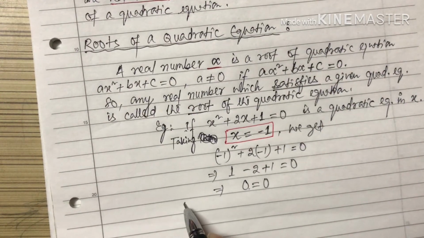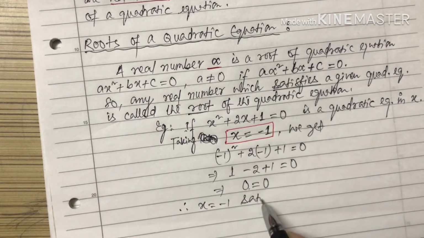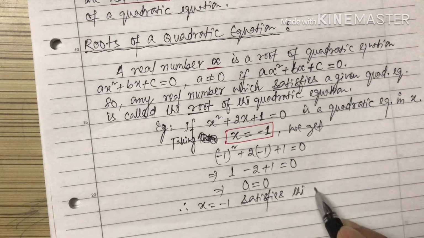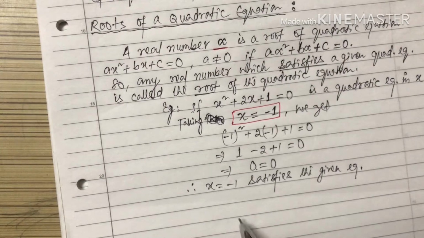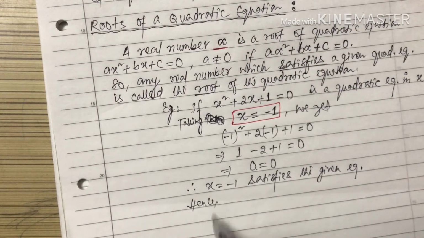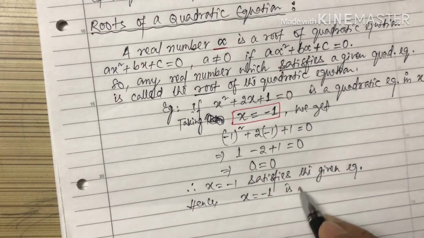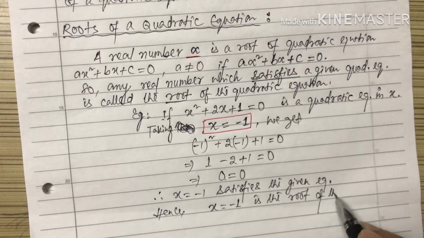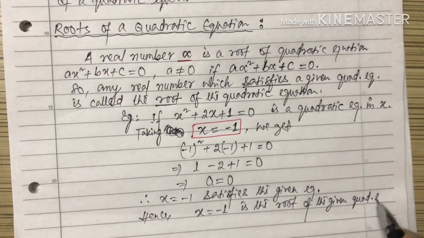Therefore x equal to minus 1 satisfies the given equation. Hence we can say x equal to minus 1 is the root of the given quadratic equation.